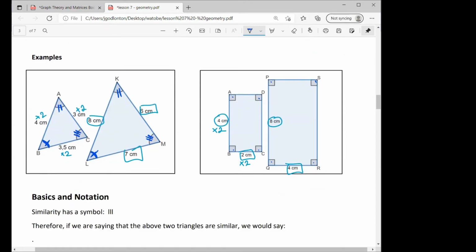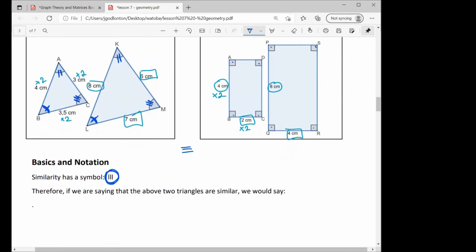Now, for congruency, we had these 3 lines, which meant congruent. In similarity, there are 3 lines standing up, so there are 3 vertical lines. If I was looking at these 2 triangles over here, I would say that triangle ABC is similar to triangle KLM.